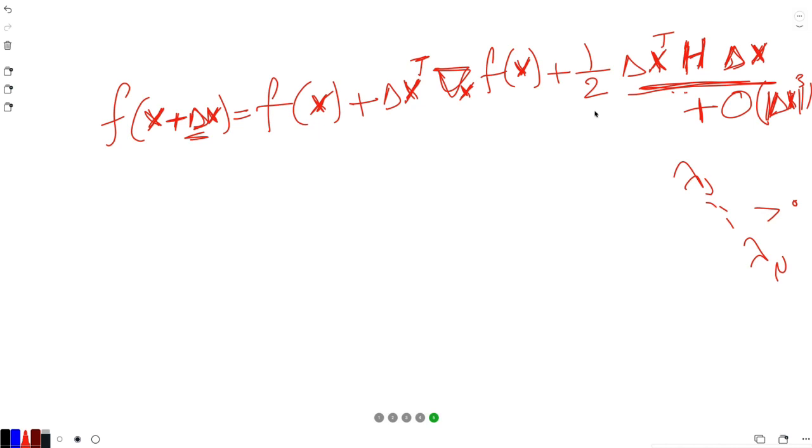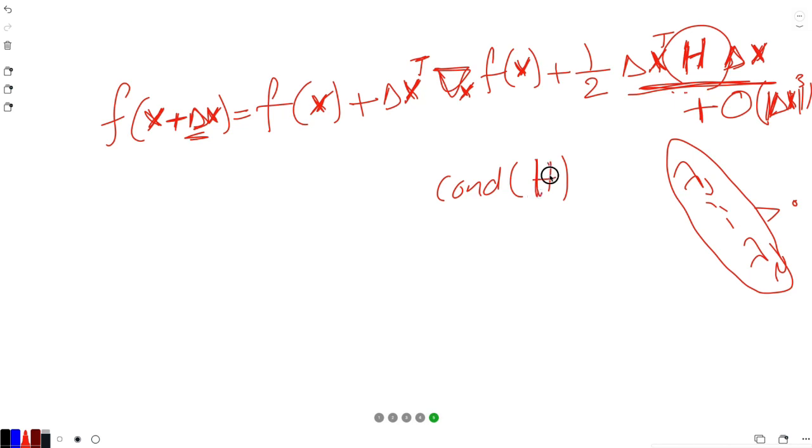There's one more important thing here. We can show that the convergence rate depends on the distribution of the eigenvalues of the matrix H. Actually, it depends on the condition number of matrix H. Remember that the condition number of the Hessian matrix H is the maximum of lambda i divided by lambda j, or in other words, the maximum lambda divided by the minimum lambda, because H is symmetric.